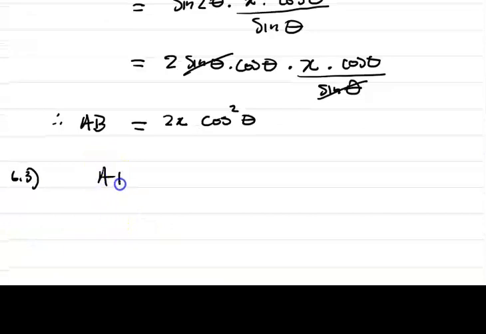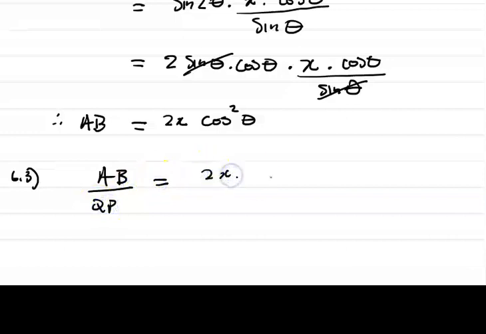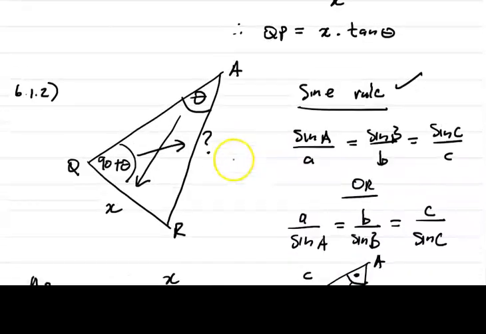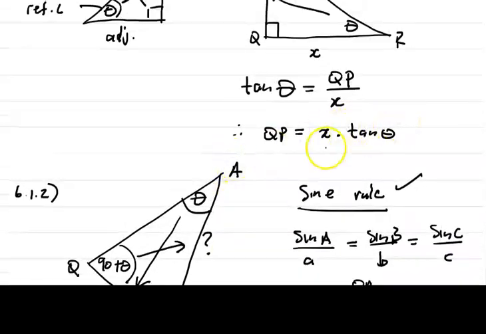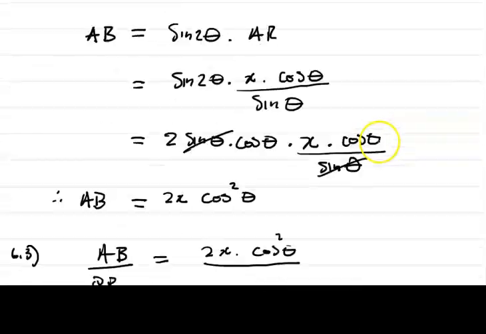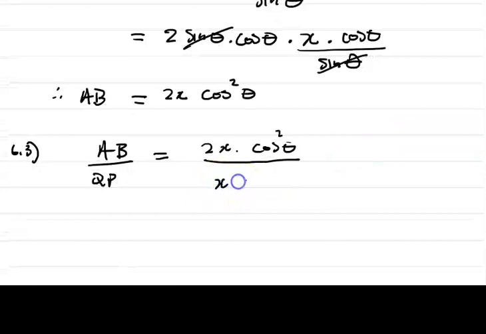Let's write down AB over QP equals 2x times cos squared theta, and QP we've solved for in a previous question, and there it is here. That's equal to x tan theta, x tan theta.